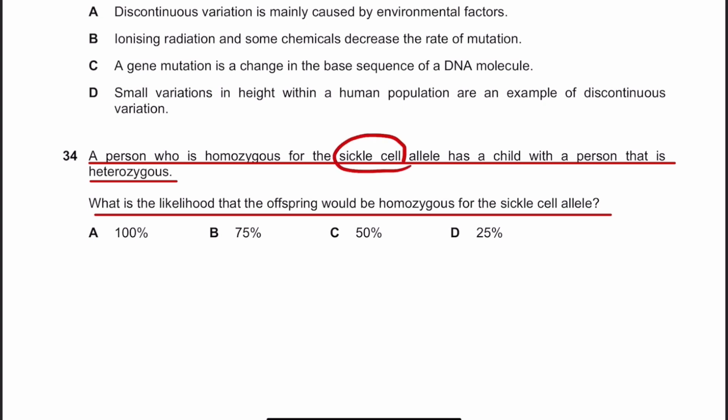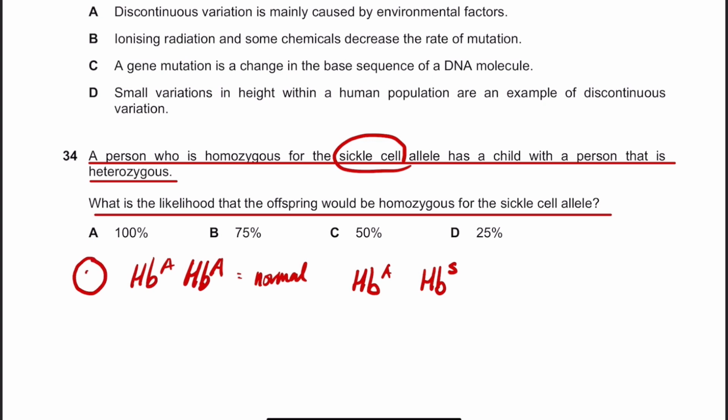Because sickle cell has two alleles, HbA and HbS. So if a person has two HbA alleles, then he or she is normal, meaning that his or her red blood cells will be normal.